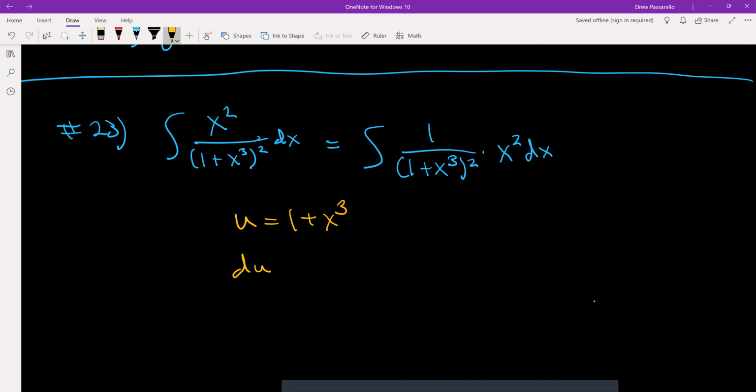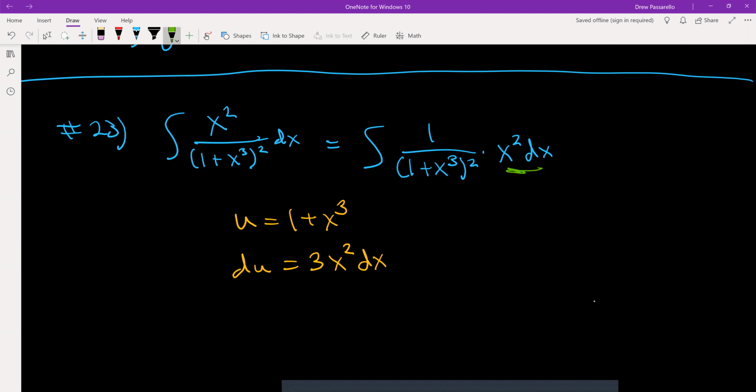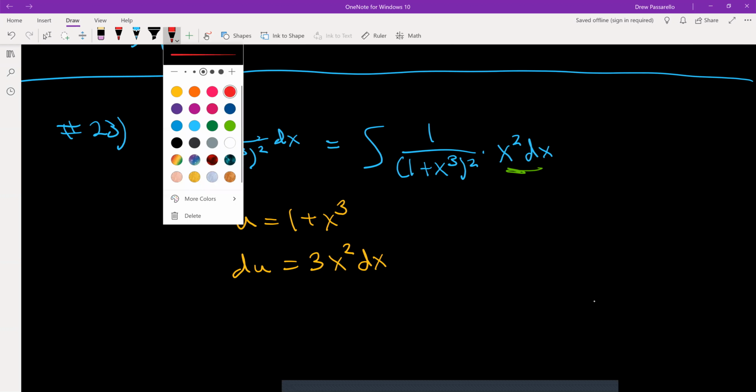The derivative of x cubed is 3x squared. And then I latch on the dx, and notice in the integral, I have just x squared, whereas I have 3x squared, so I need to multiply both sides by a third.